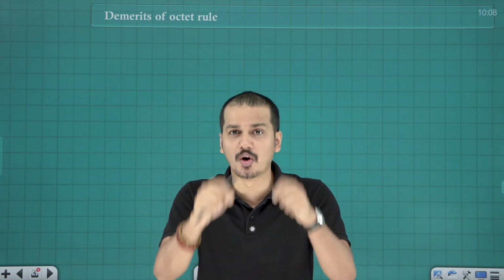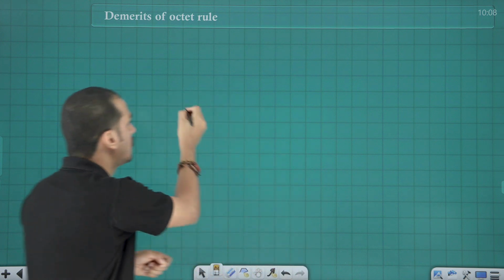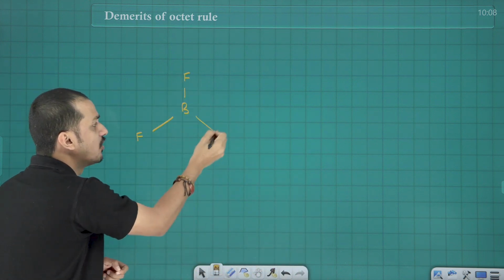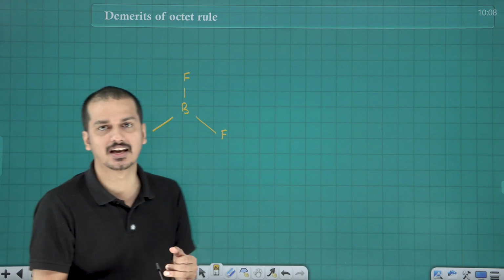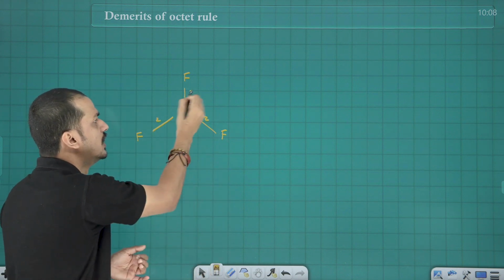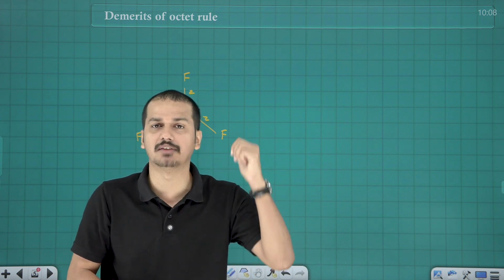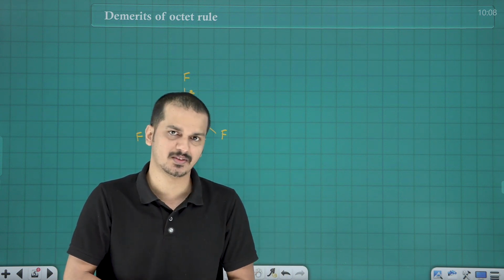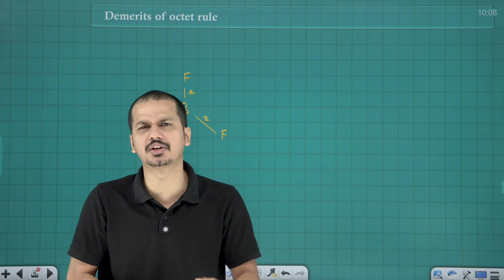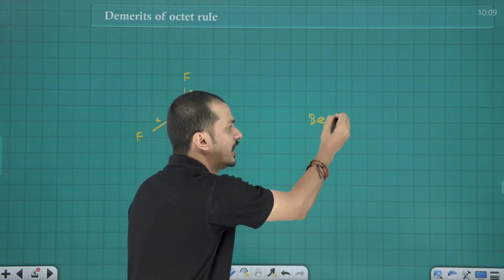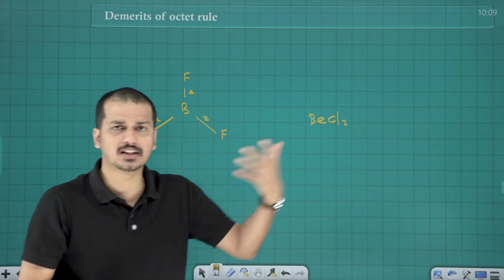That means some molecules, for example BF3: around boron only 6 electrons are there. Its stability cannot be explained by the octet rule. Not only BF3, the 13th group compounds, and BeCl2, beryllium chloride. Do you remember that? Those are all ideas it couldn't explain.